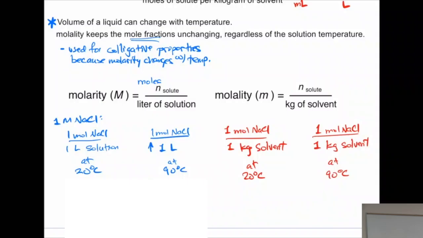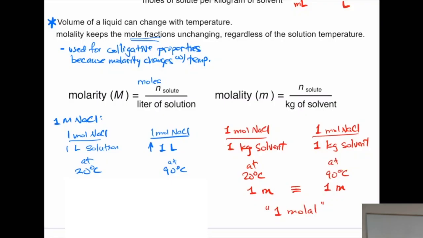So now it's molal, so we use a lowercase m. It's still 1 molal at both temperatures. So over here for molarity, we would call this a 1 molar solution; if it's molality, we call it a 1 molal solution.